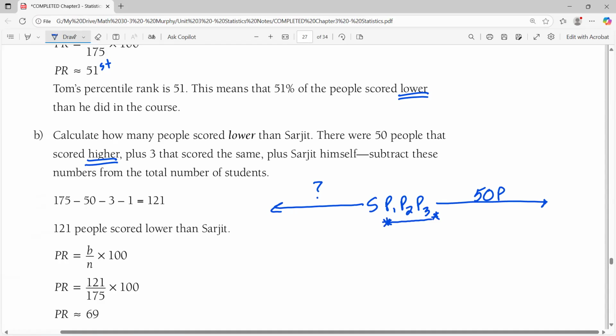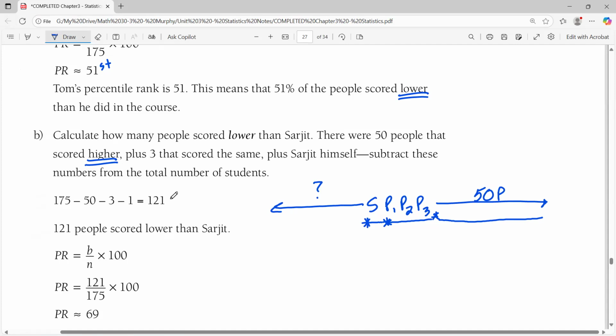And then you have to remember to subtract the person themselves. So you're going minus 50 to here, minus 3 for the people that have the same score, and himself. That's the one that most people miss because it's how many people are below.